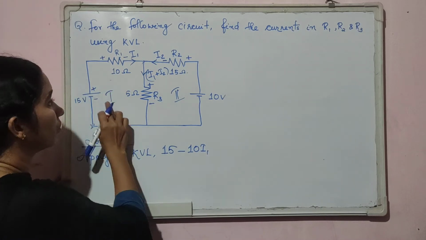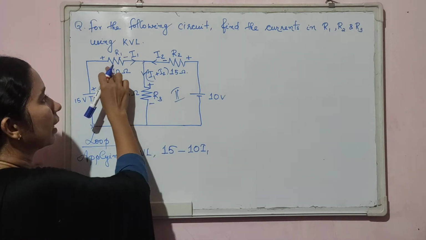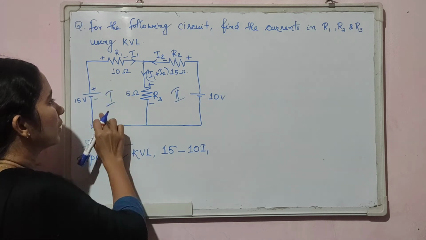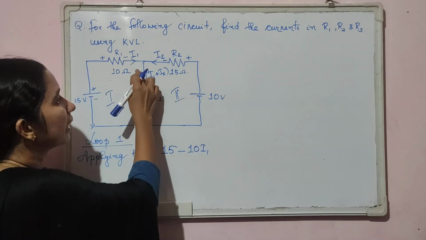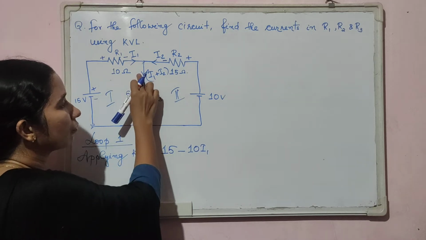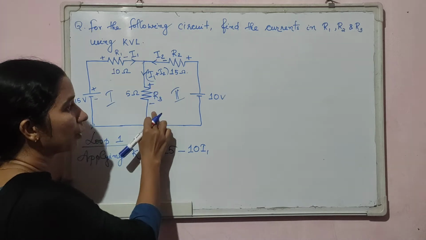Now in this loop, the next component is resistor R3. I am proceeding in this direction. First I considered the voltage source, then R1 and then R3. I am following the direction from positive to negative, a drop in potential.